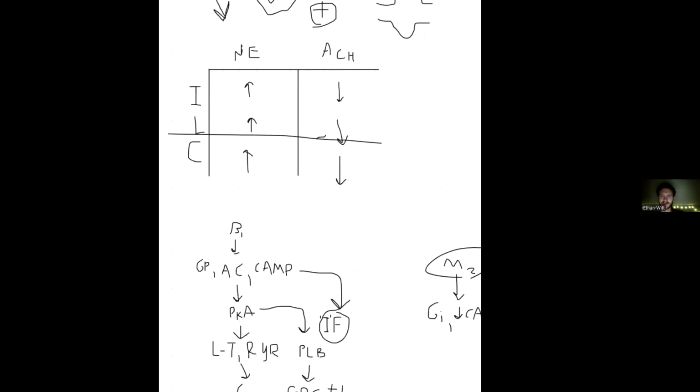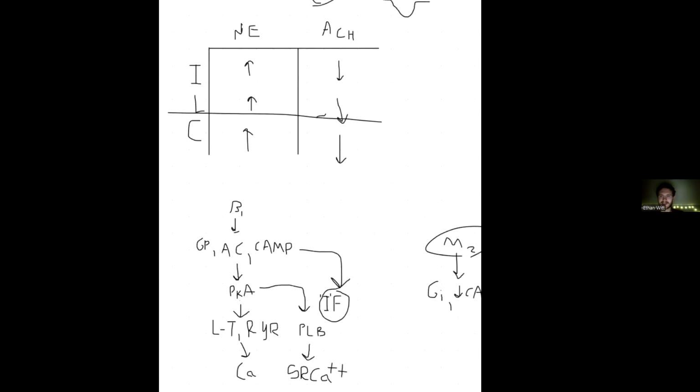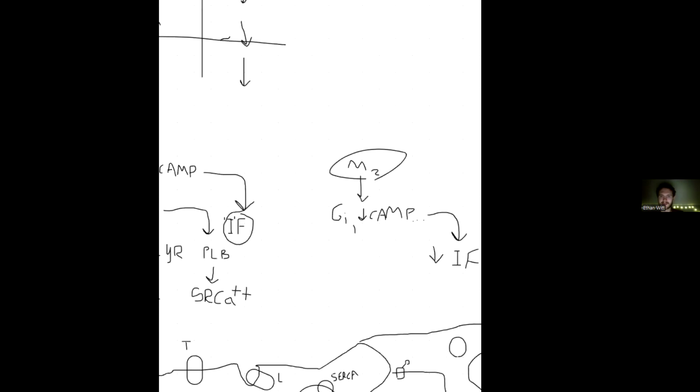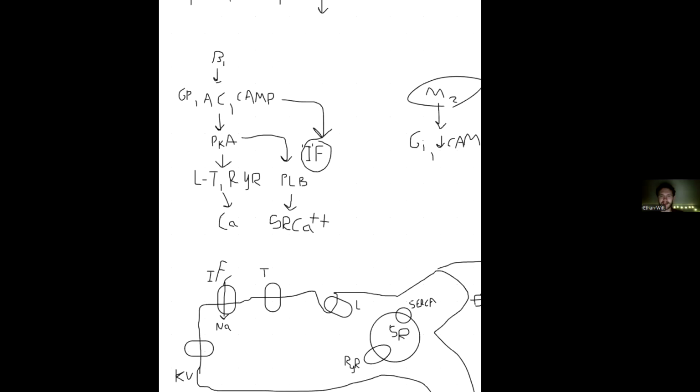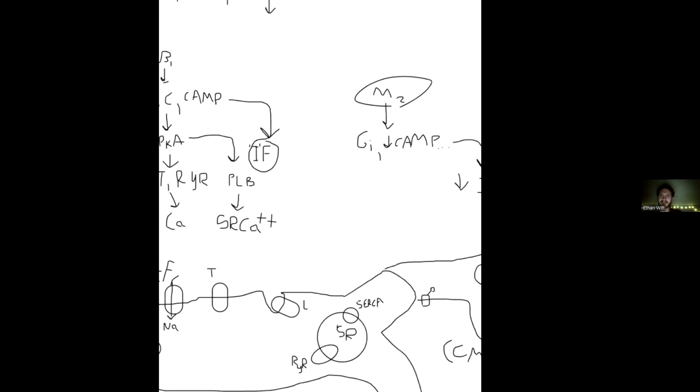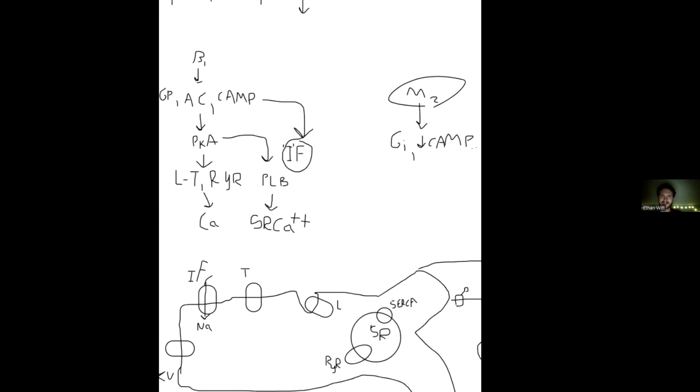Our contractility is decreased for reasons that are pretty evident by the pathway that we followed with the beta 1 receptor. If we're not having as much adenylyl cyclase being activated, we're not going to get our PKA or our calcium channels activated.